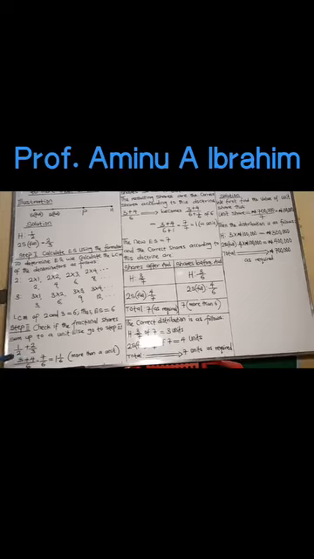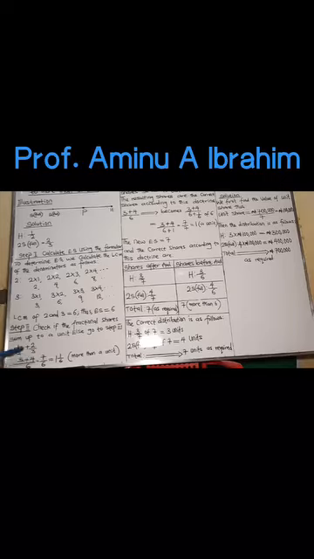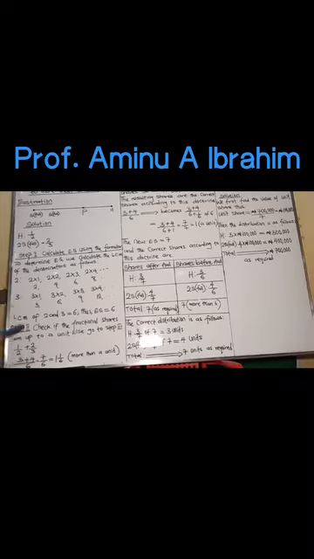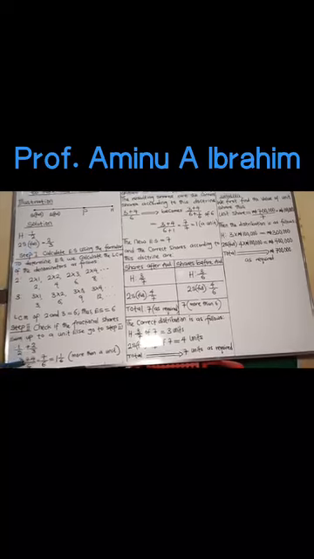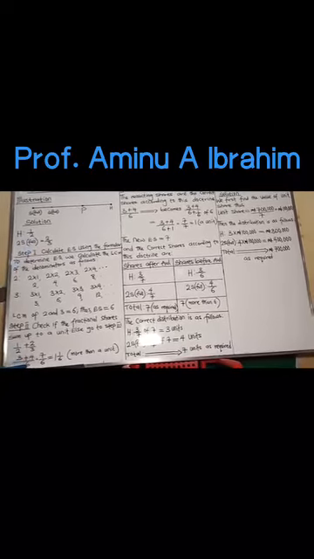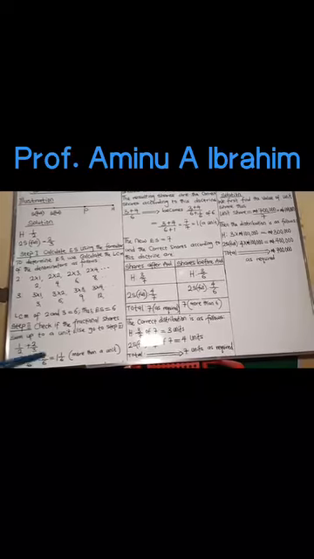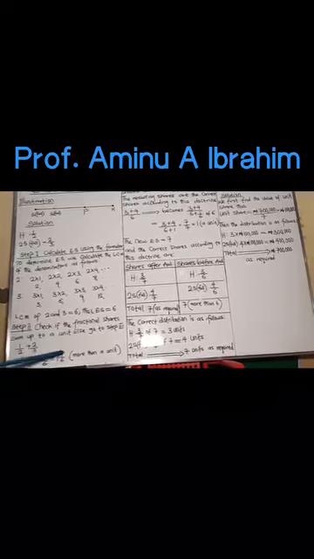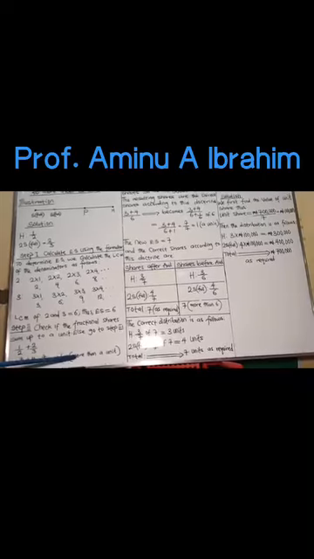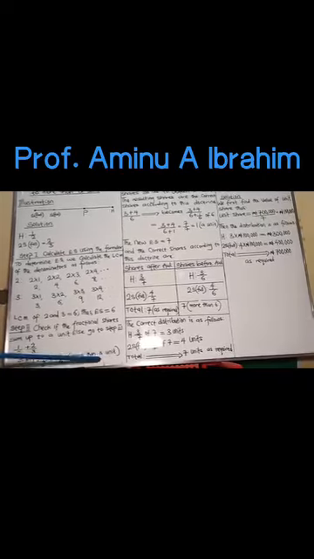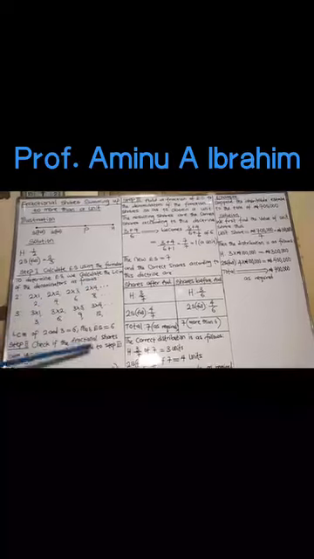Now we add 1/2 plus 2/3, 1/2 being the share of the husband plus 2/3 being the share of the two full sisters. If we take the LCM, it will give us 3 plus 4, which is 7/6. But 7/6 is 1 and 1/6. This is clearly more than a unit. So we have to go to step 3.